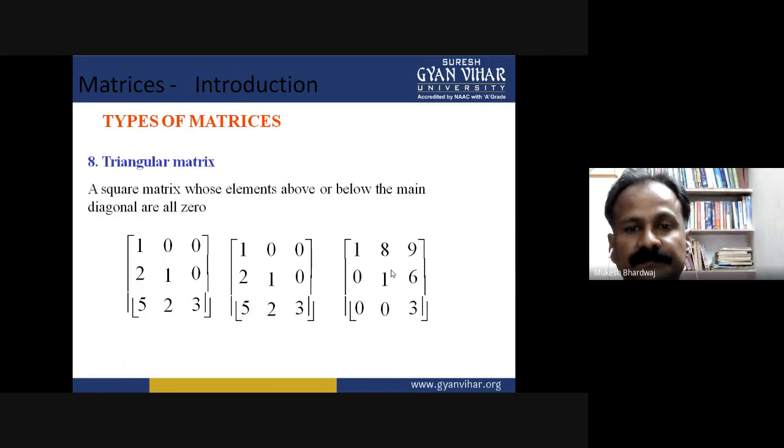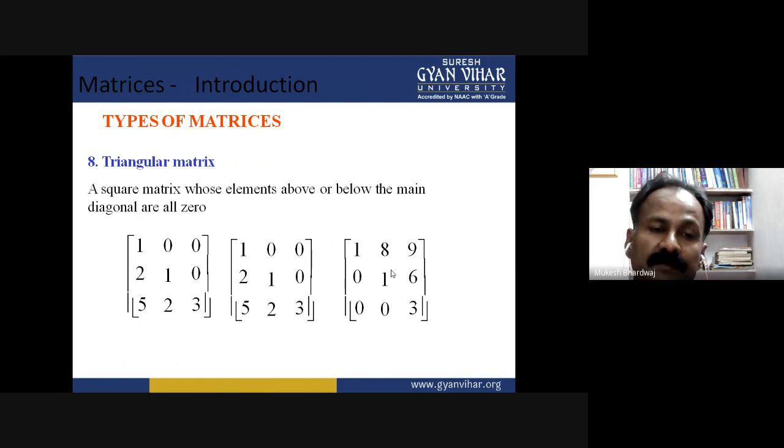Triangular matrix. A square matrix whose elements above or below the main diagonal are all 0.